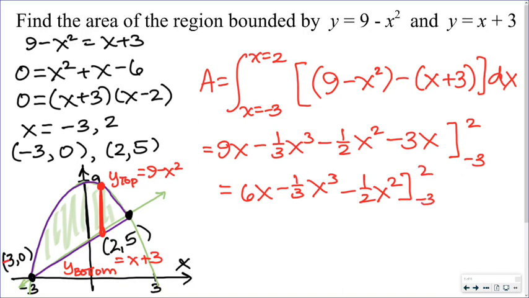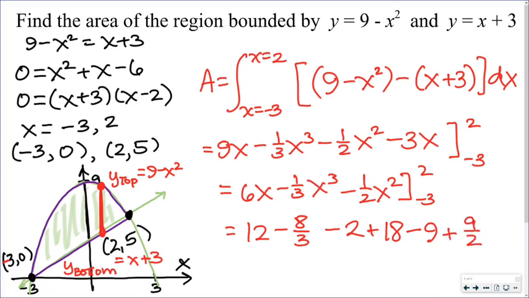Okay, and I am left with here 12 minus 8/3 minus 2 minus, that's going to become a plus 18 minus 9 and then a plus 9/2. And I'm going to get 125 over 6 when I simplify that, which you can confirm for yourself.